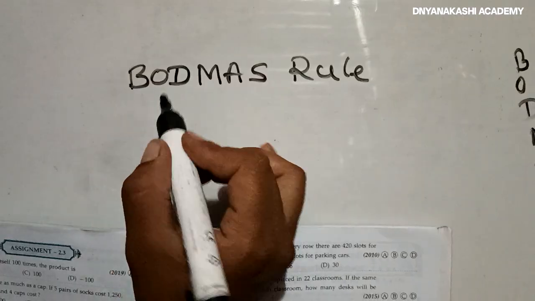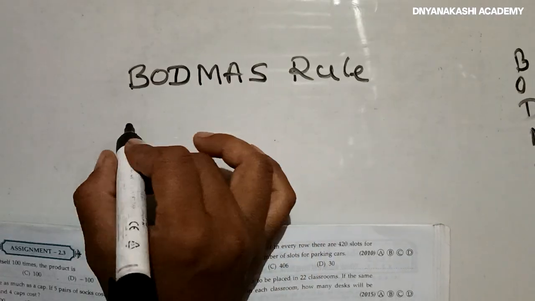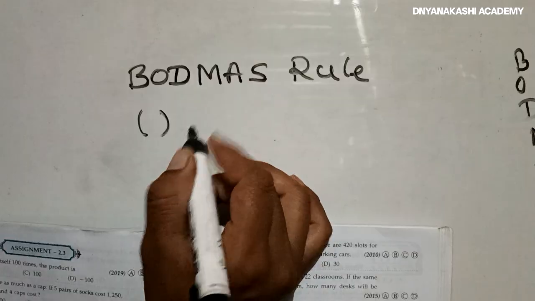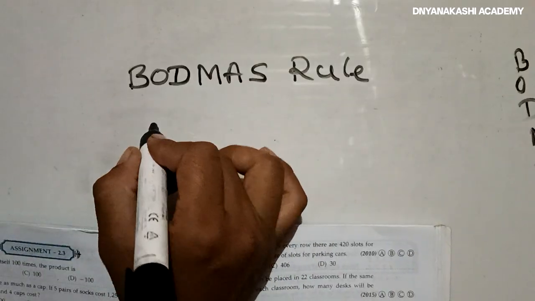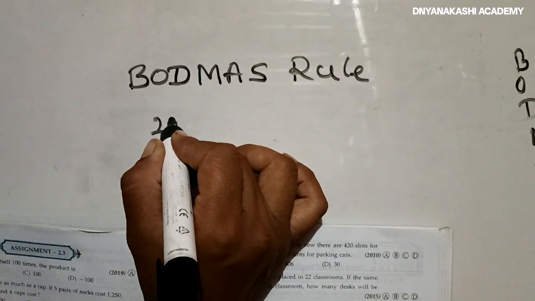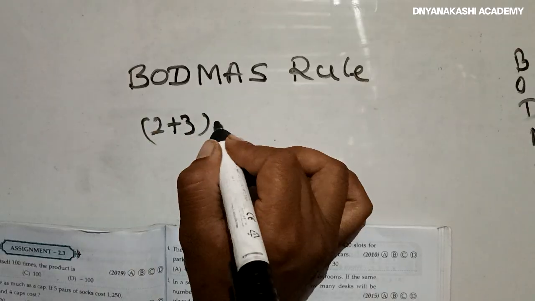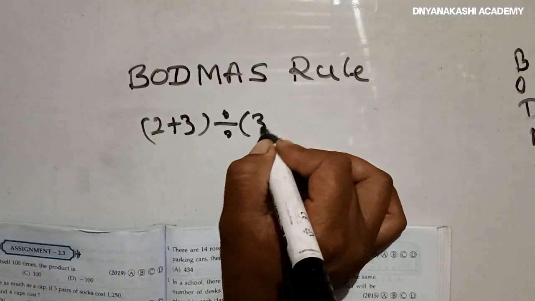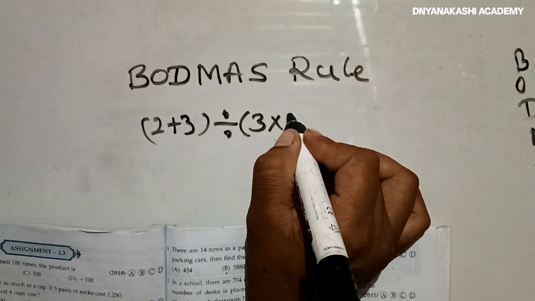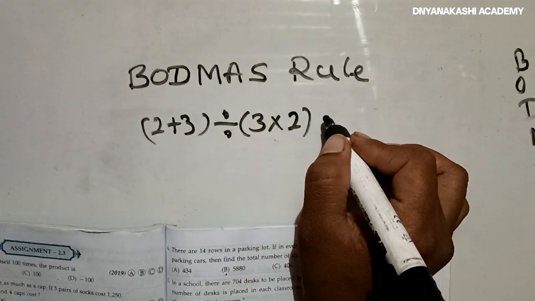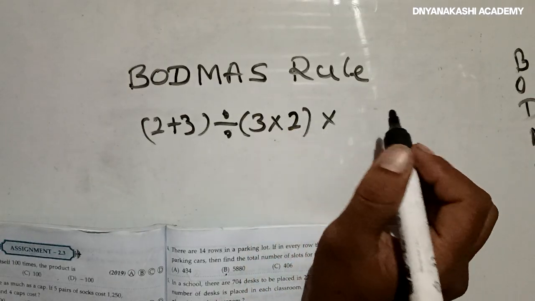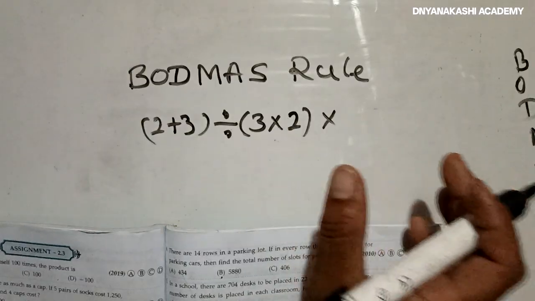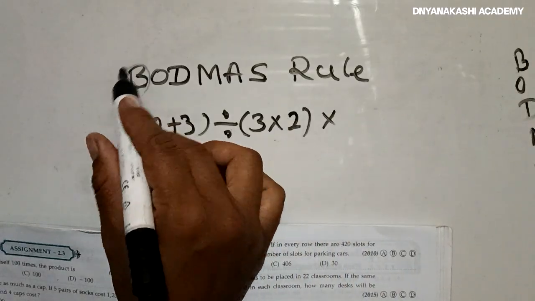What is the BODMAS rule? If you have any questions like this, first you solve the bracket. For example, 2 plus 3 in brackets, divide 4 into 2, like these questions are coming here. First you solve the bracket.